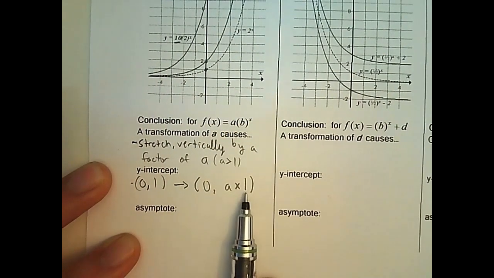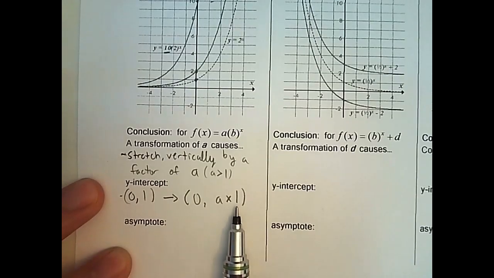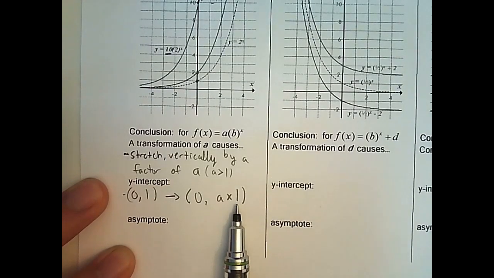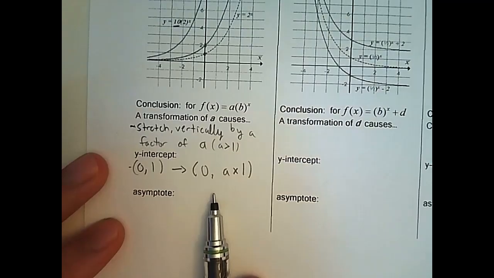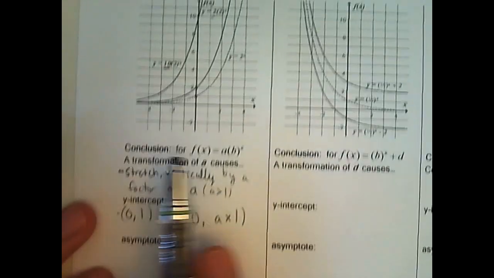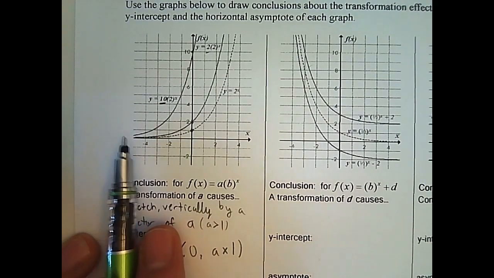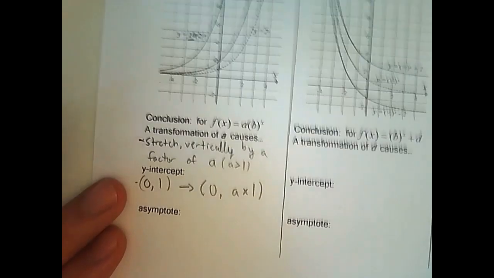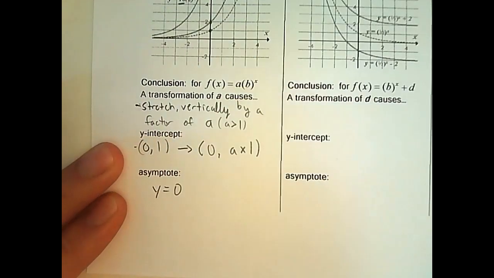So if this is 1 and a is 10, we get a y-intercept of 10. If this is 1, like our y-intercept of the original graph, and a is 2, then we get a y-intercept of 2. So that's how the y-intercept changes. Notice our asymptote for these exponential functions is still y equals 0. So for the asymptote, y is equal to 0 still.